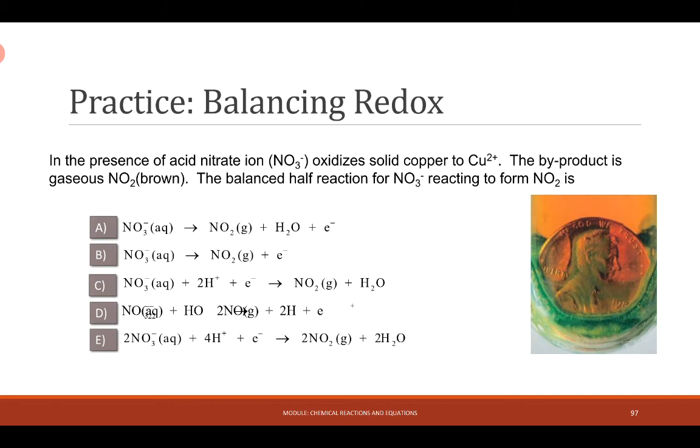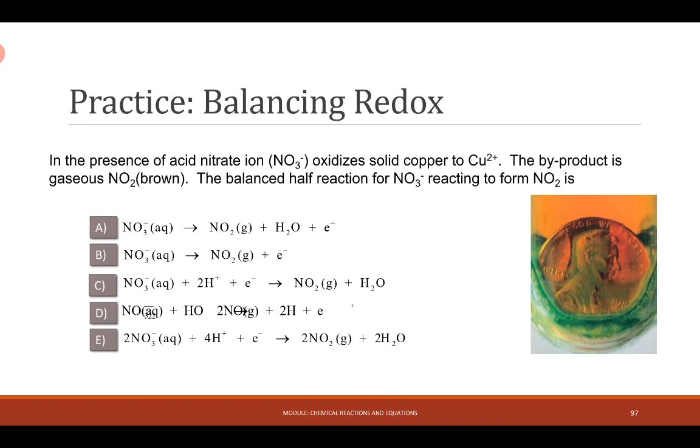Here's yet another practice problem for you. This one is multiple choice. It says, in the presence of acid, nitrate ion oxidizes solid copper to copper 2+. The byproduct is gaseous NO2, which is brown.